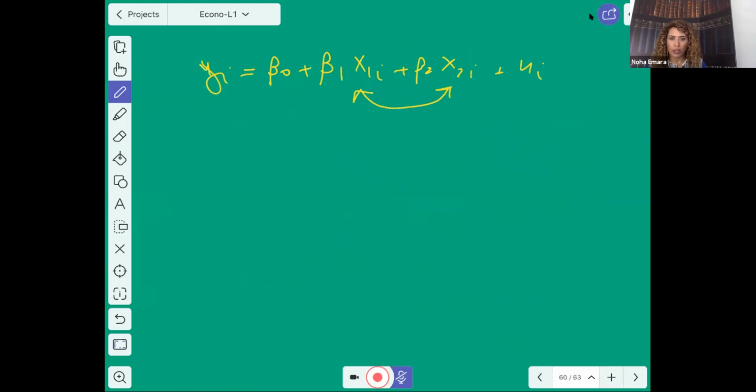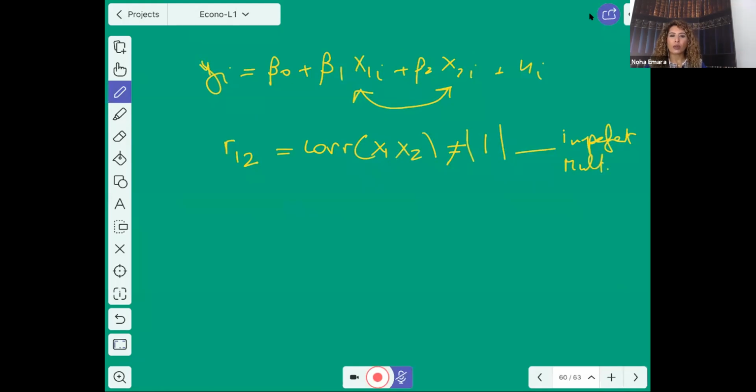So I have X1 and X2, and R1,2 is simply a notation for the correlation between X1 and X2. Sometimes I write it R1,2, or I write it as CORR(X1, X2). If this correlation is not equal to 1 or -1, then this is called imperfect multicollinearity.